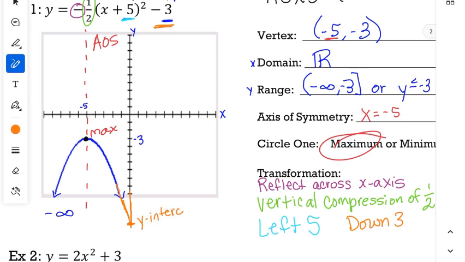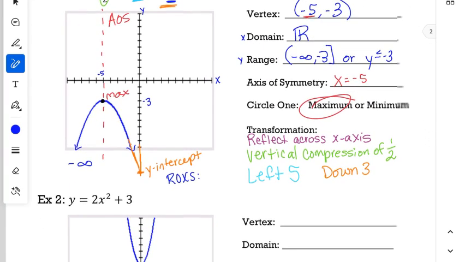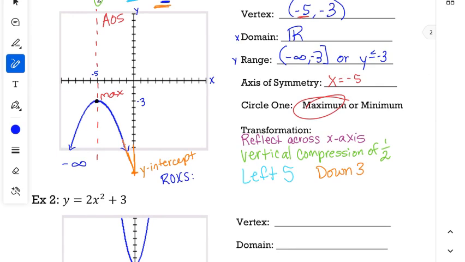So if you just want to label it on this one, it'd be 0, negative something. Okay, and then our last thing that we need to write is the rocks. Do we have any rocks? It doesn't cross the x-axis at all. So we can write none.